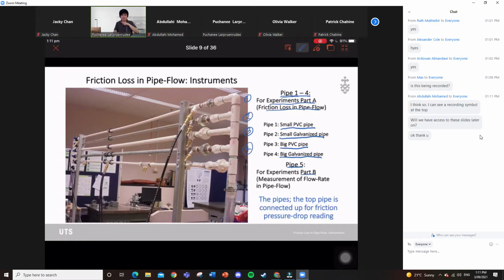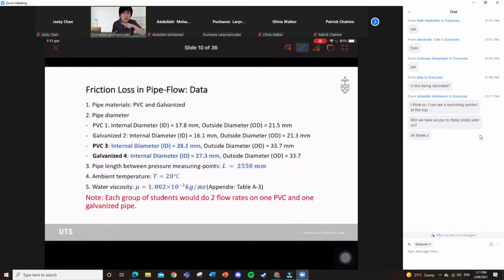So here is the data for part A. The pipe material is PVC and galvanized: PVC for pipe 1 and galvanized for pipe 2, PVC for pipe 3 and galvanized for pipe 4.